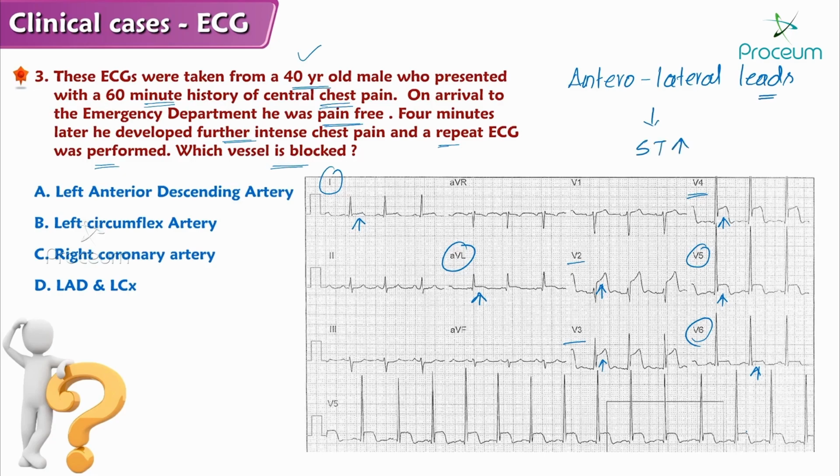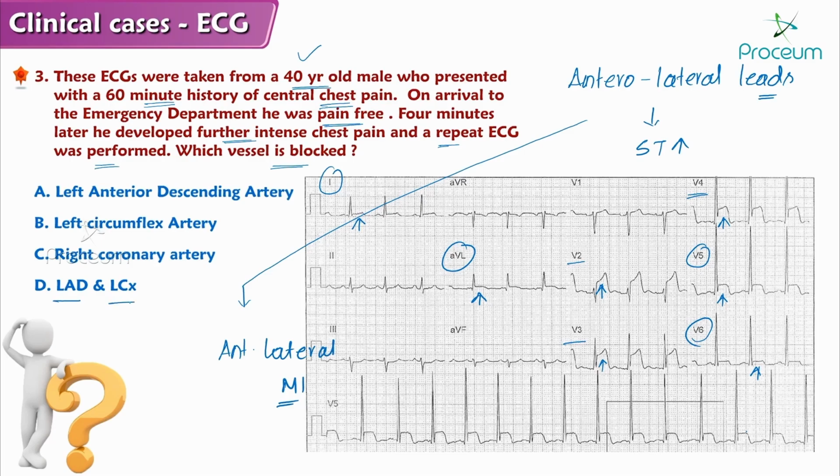So it is suggestive of anterolateral myocardial infarction. Now, the anterior wall is supplied by the left anterior descending artery, and the lateral wall is supplied by the left circumflex artery.